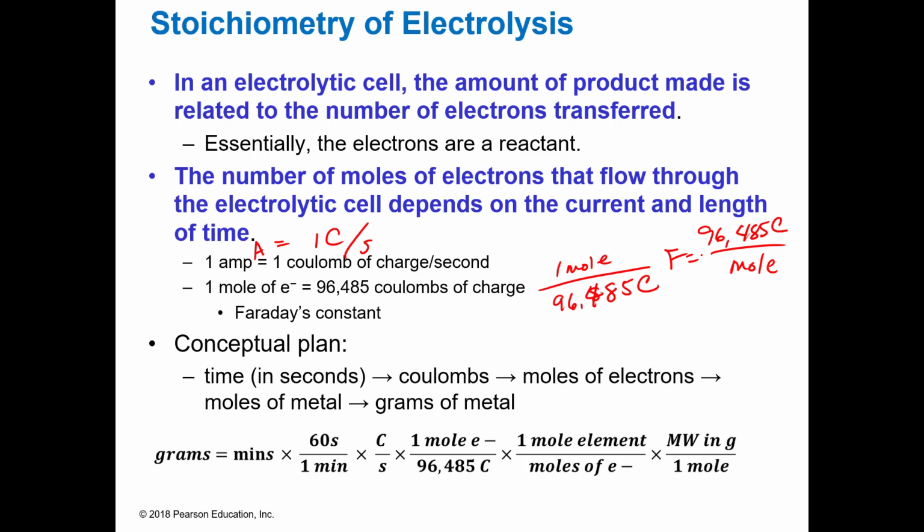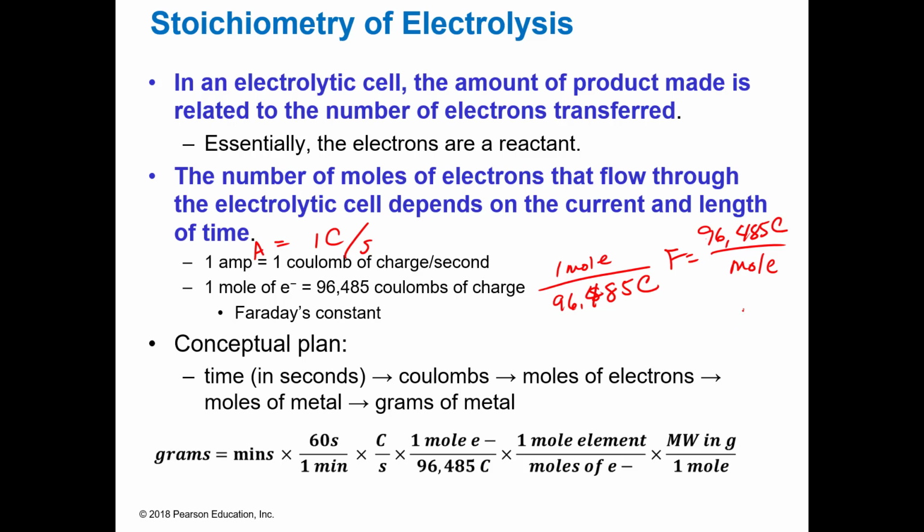So when we're looking at this as a reaction, mainly what we're usually trying to figure out is how many grams of this precious metal I can plate onto this ring so that it will look beautiful, like it's pure silver or pure gold or whatever. I told you it depends on the time and on the amps.